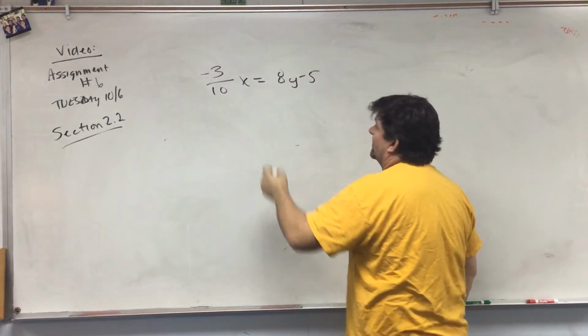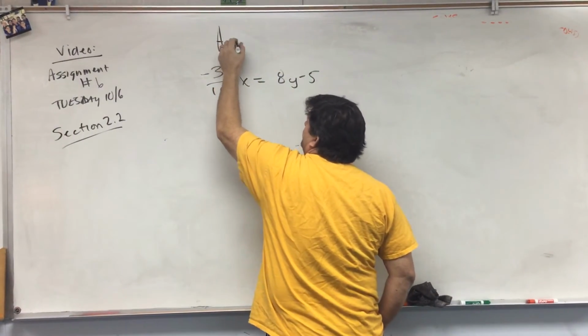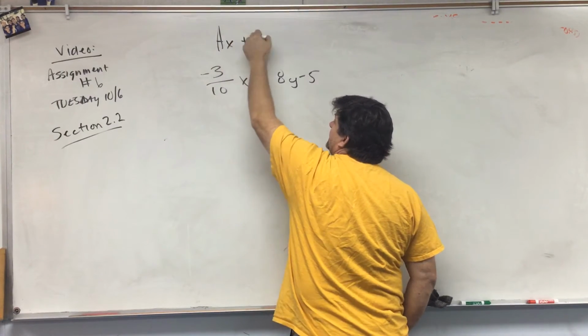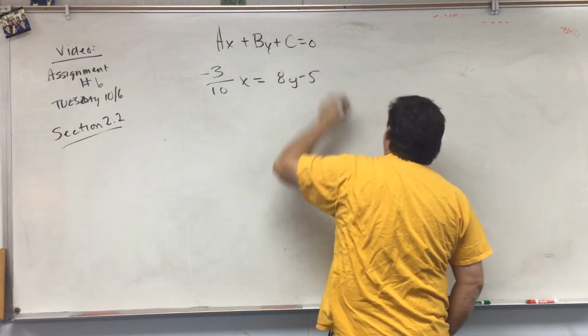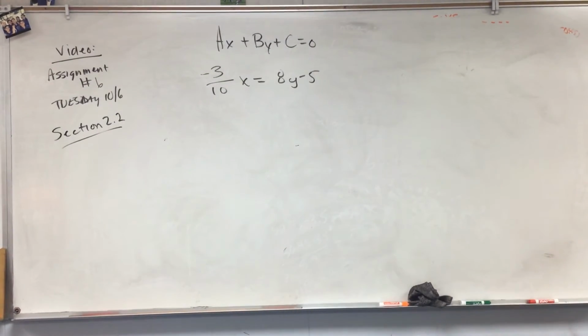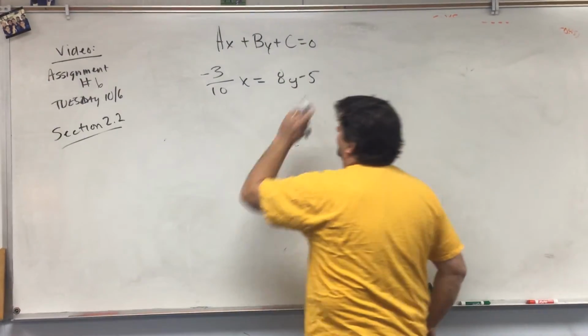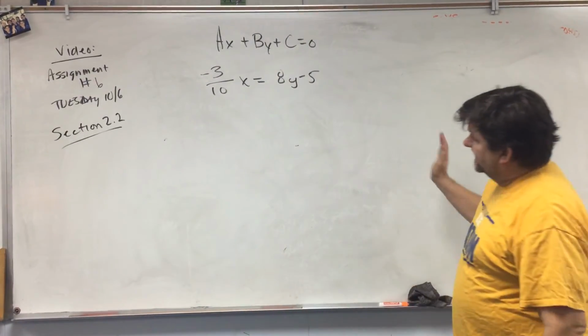So standard form is this: ax plus by plus c equals 0. Standard form in different books comes in different kinds of ideas. They use a plus here. Yeah, that's right. Okay. So let's maneuver things.